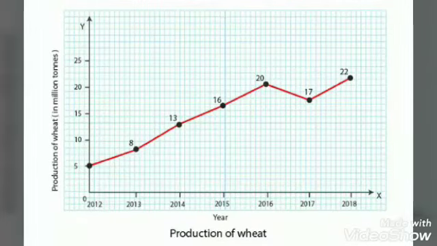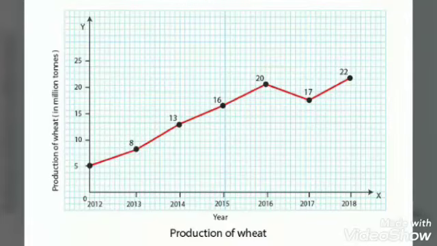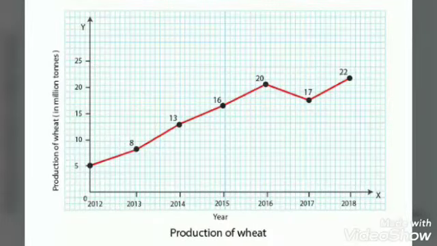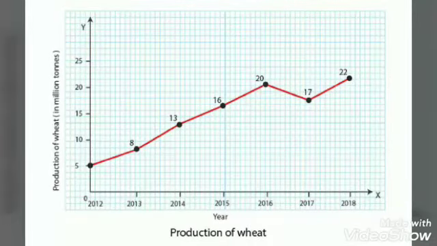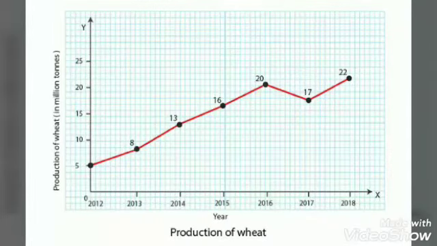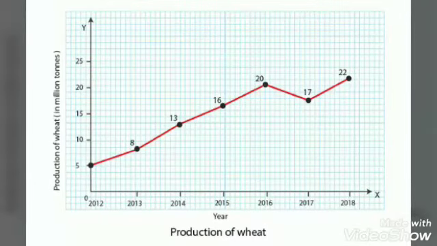So what we have done is made a point there on 5. Similarly in 2013 a point on 8 is made. Similarly in 2014 a point on 13 million tons has been made, and like this for 2016, 17 and 2018, a point on 22 million tons has been made.